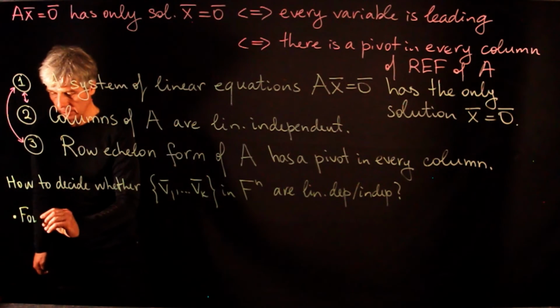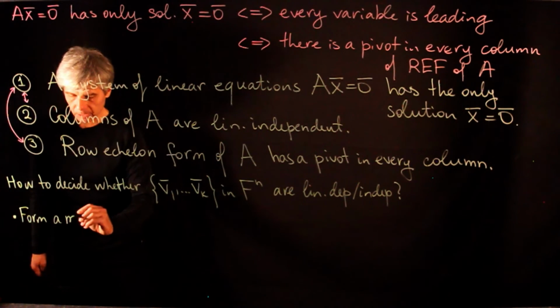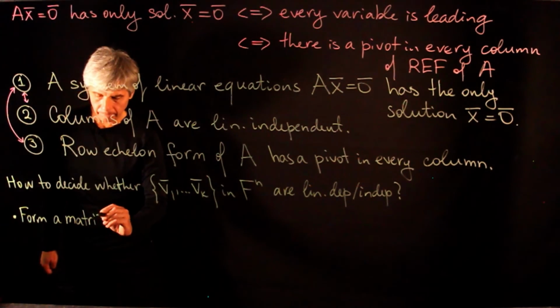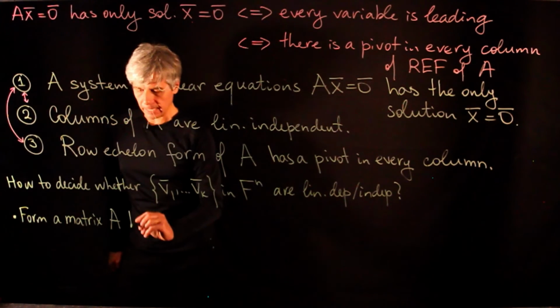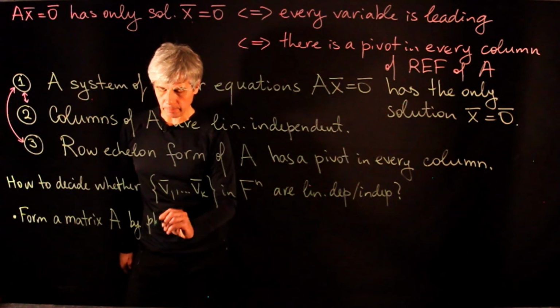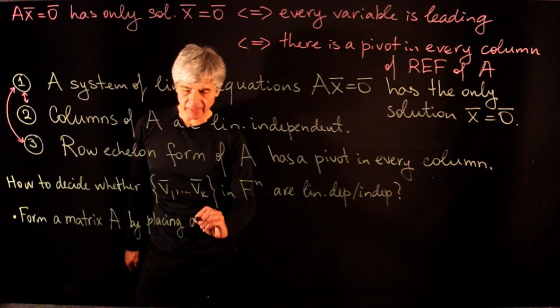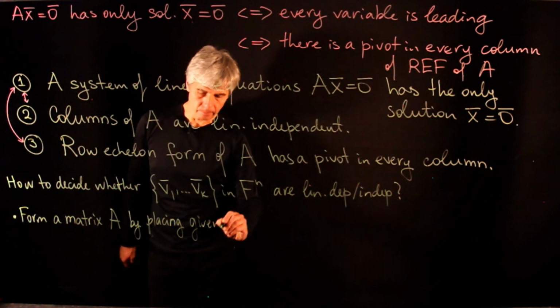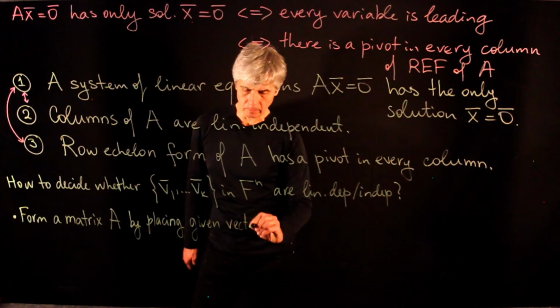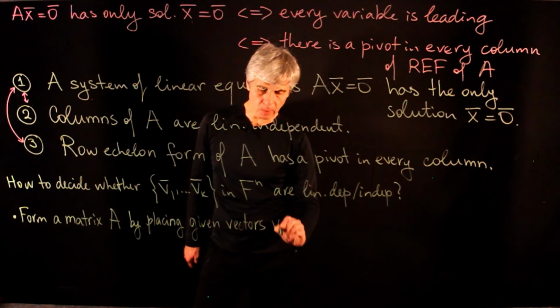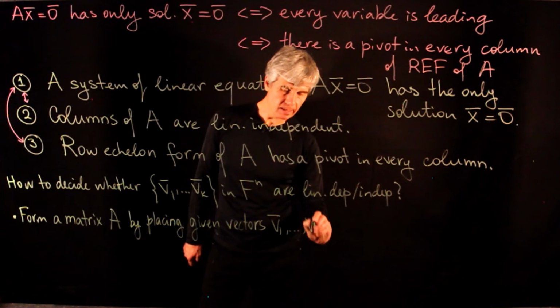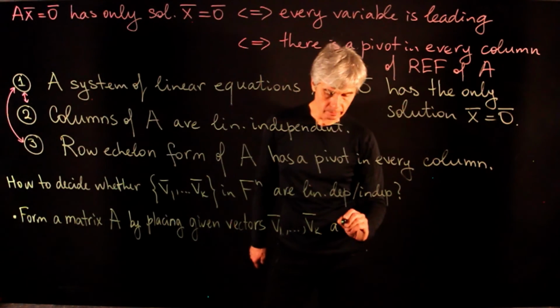So the trick here is the following. Form a matrix A by placing given vectors v1 through vk as columns.